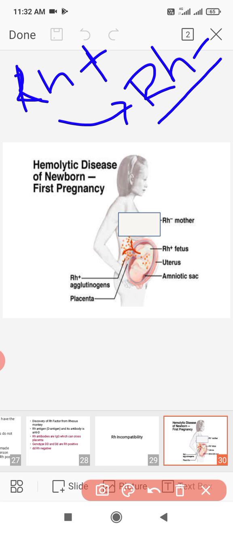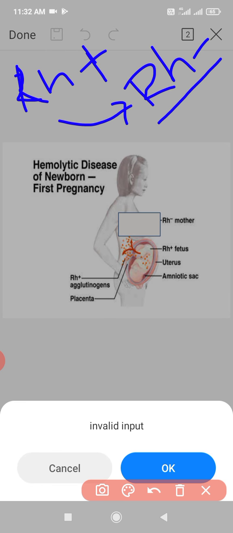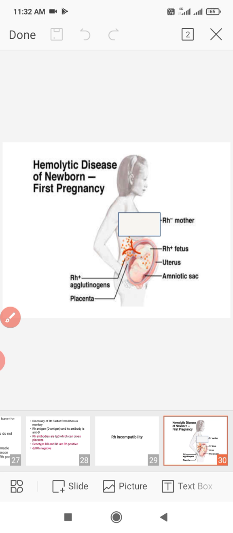When he receives the blood for the first time, there is no complication. Clear? But when he receives RH positive blood a second time, then it will be fatal.